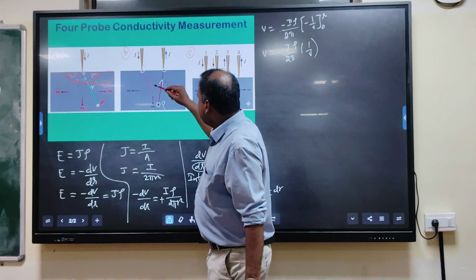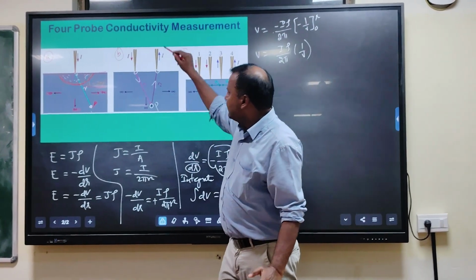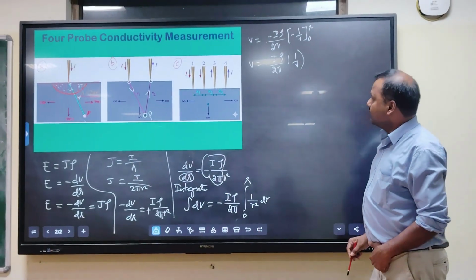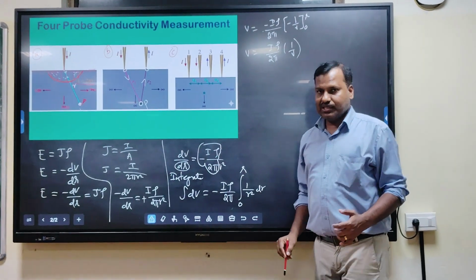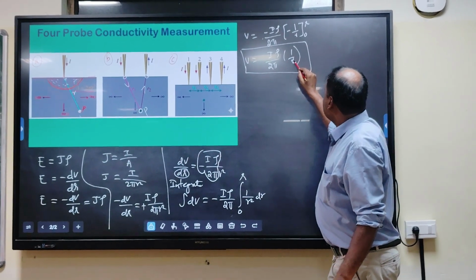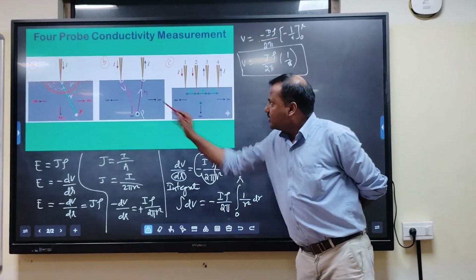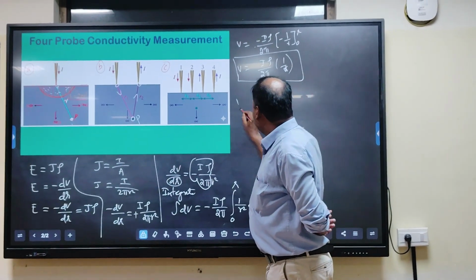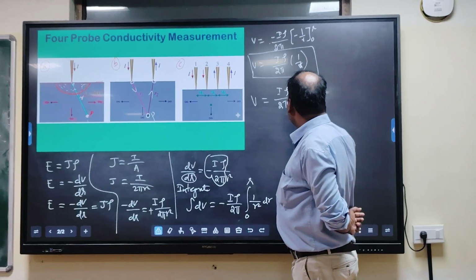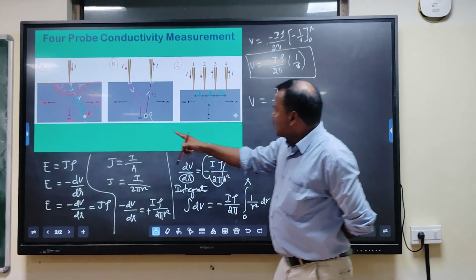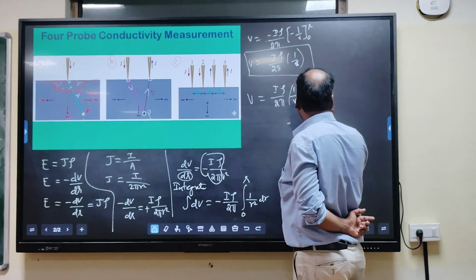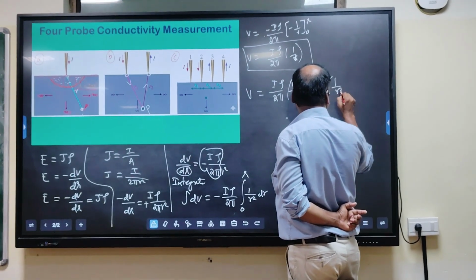We use the voltage relation we obtained, where this distance is R. So the voltage will be I times rho divided by 2 pi into 1 by R1, minus I times rho divided by 2 pi into 1 by R2.